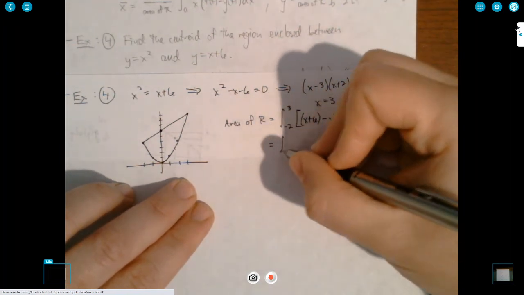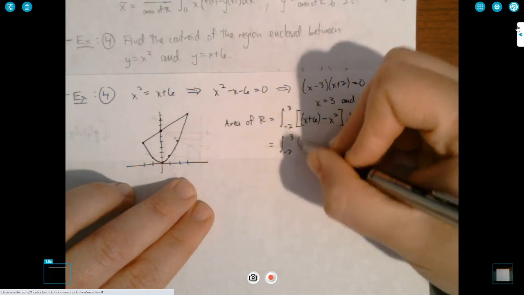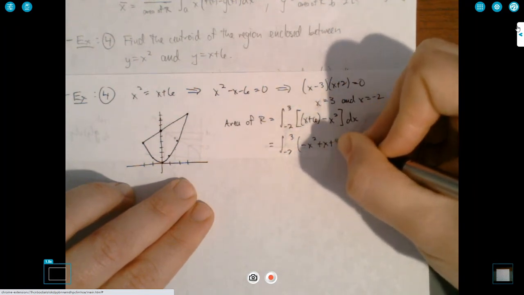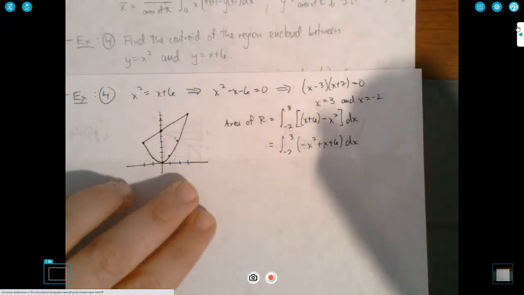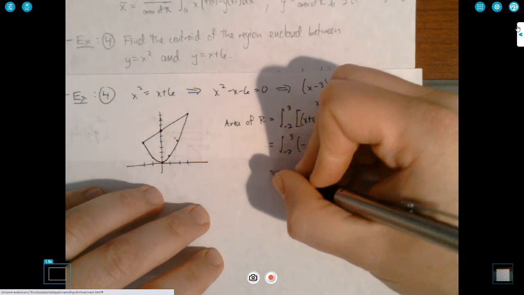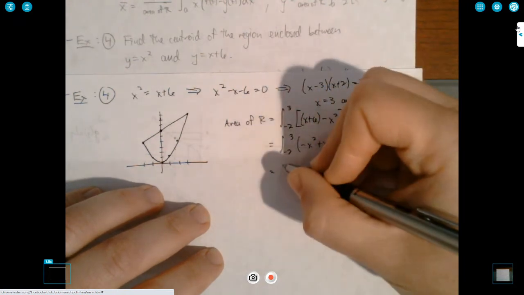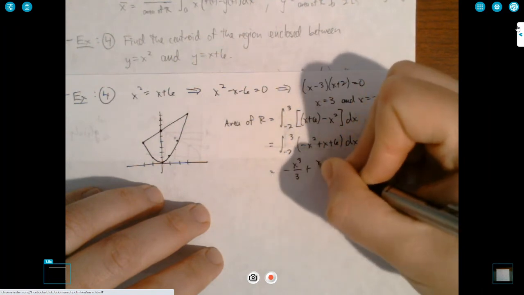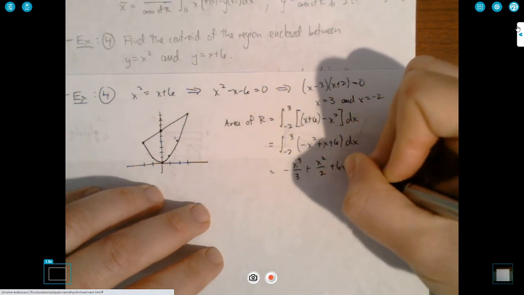So that's the integral from -2 to 3 of -x squared plus x plus 6. So that's negative x cubed over 3 plus x squared over 2 plus 6x.